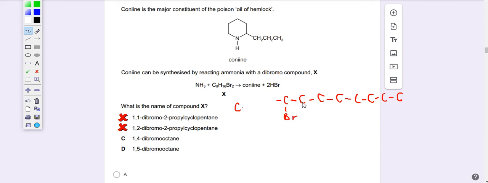Carbon number 4, counting 1, 2, 3, 4, has another bromine. I know it's a lot of work to draw all the hydrogen.